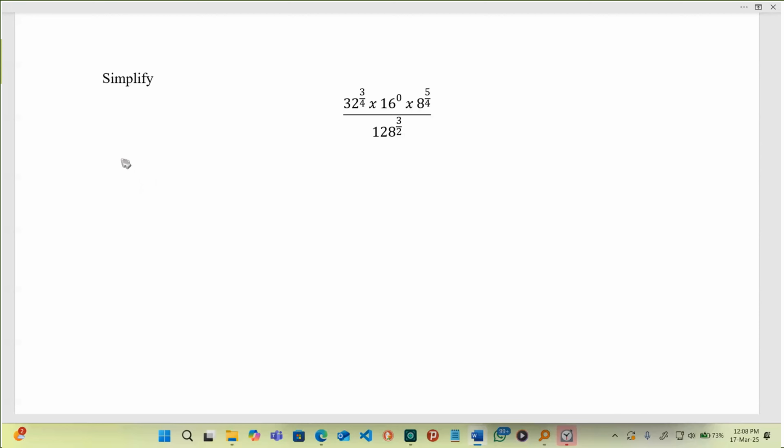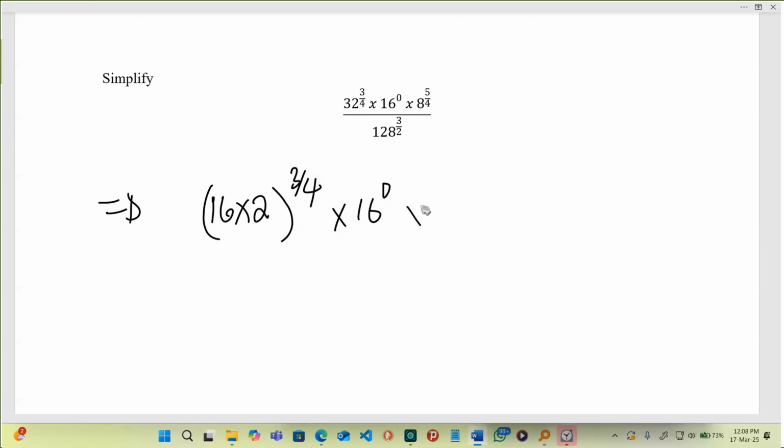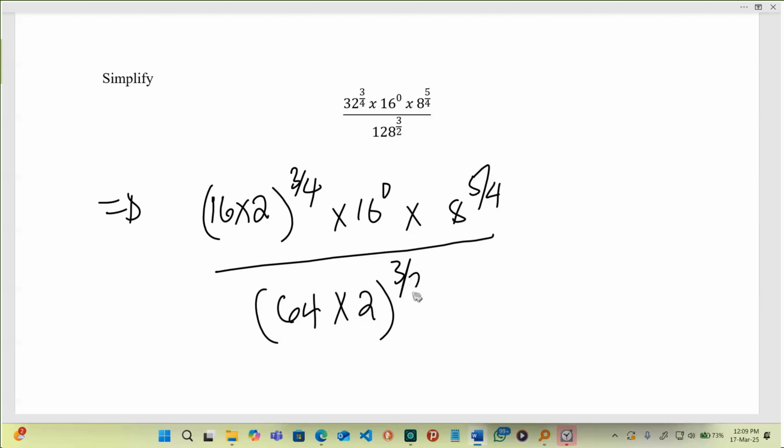So meaning, let's simplify by saying this is the same as having 16 by 2 power 3 out of 4 times 16 power 0 times 8 to the power 5 out of 4. We said this is 64 times 2, power 3 out of 2.